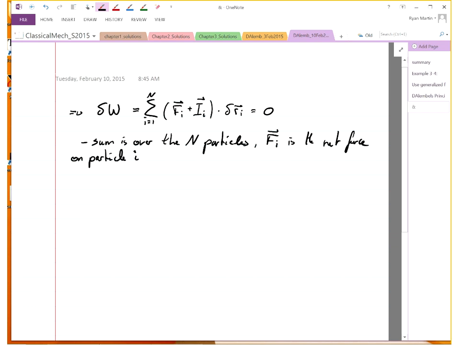So if the particles have more than one force acting on them, then the first step would be to sum all those forces to have a net force F_i. And then you sum, of course, only the forces that can do virtual work. And you can add in the other ones if you want, but they'll just cancel at the end.